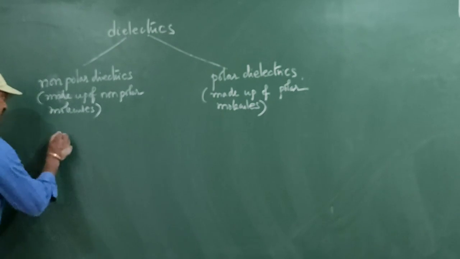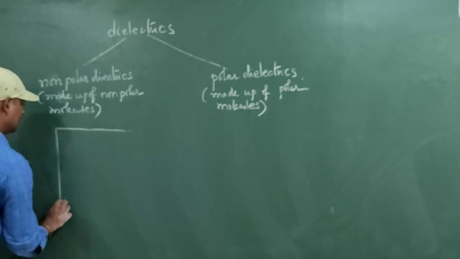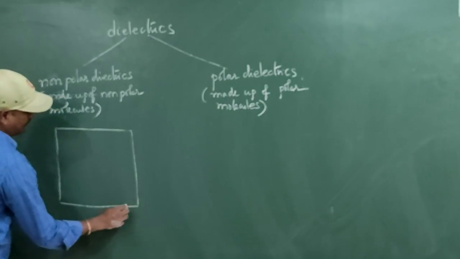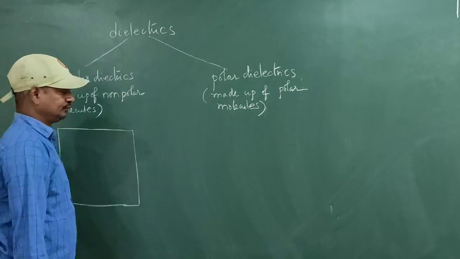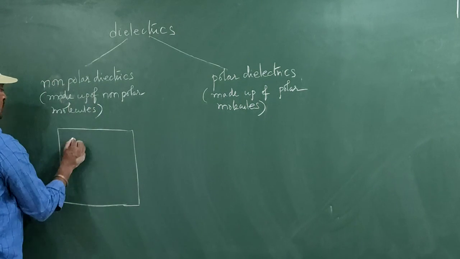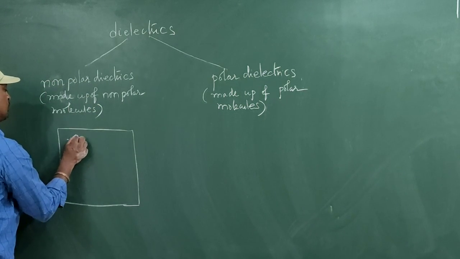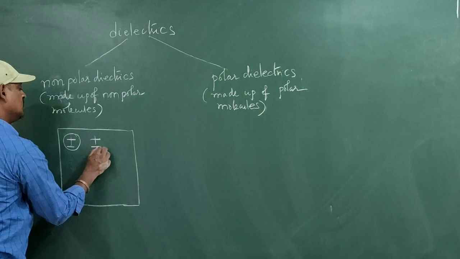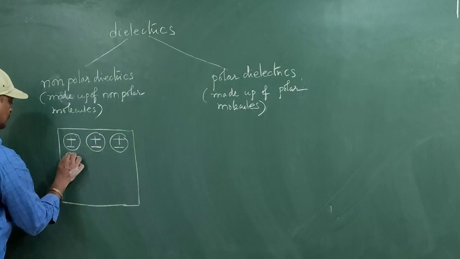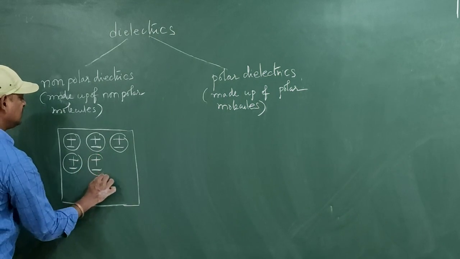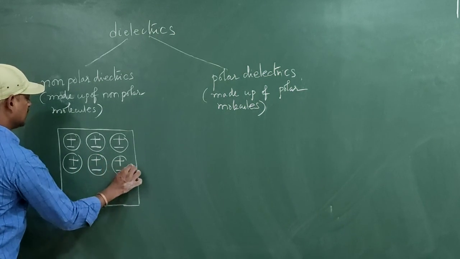So for example, if you are having a dielectric in the form of a slab, which is made up of non-polar molecules, where the center of positive charge coincides with the center of negative charge. This is the way a dielectric looks like.